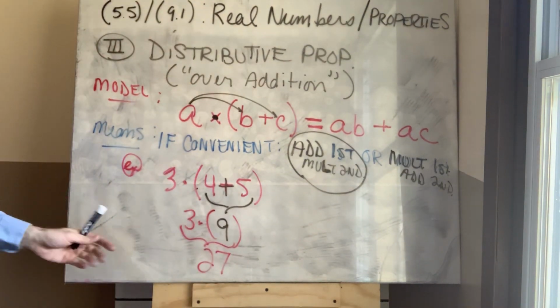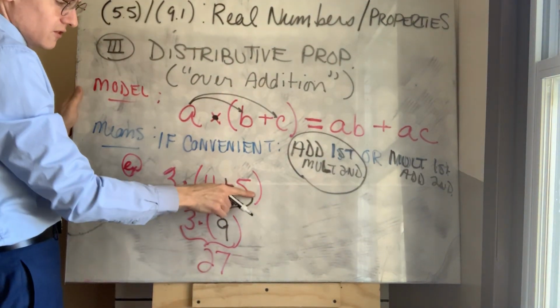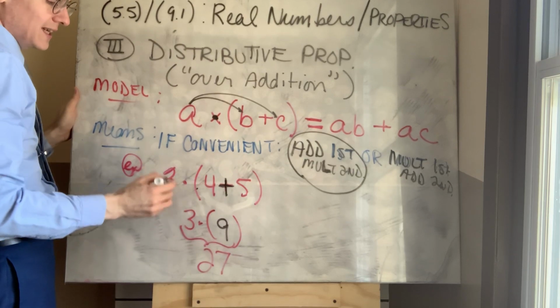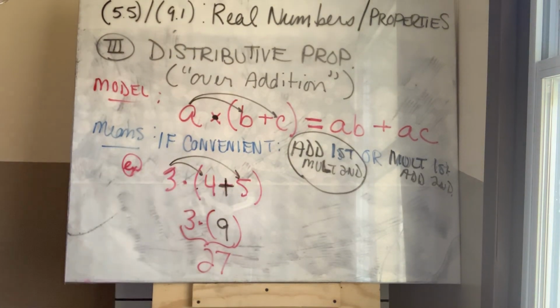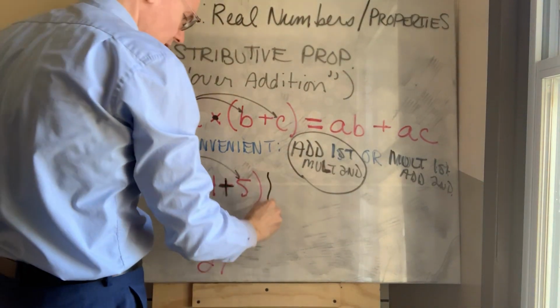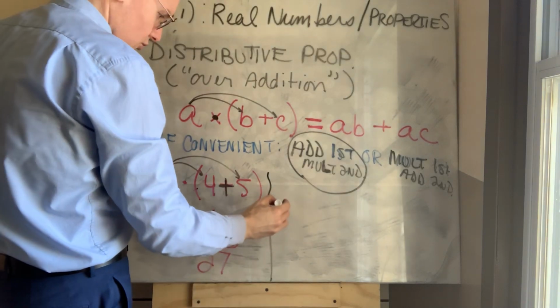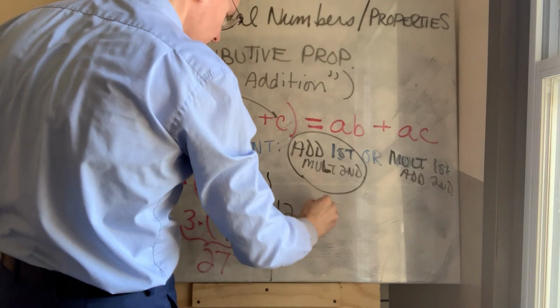Now, if you really used the distributive property, what you could do instead of adding first is legally multiply each of the contents first. And I'll put them over here. 3 times 4 is really 12, and 3 times 5 is 15.